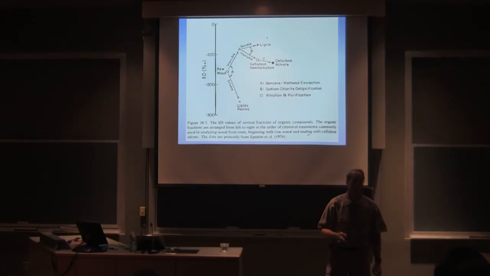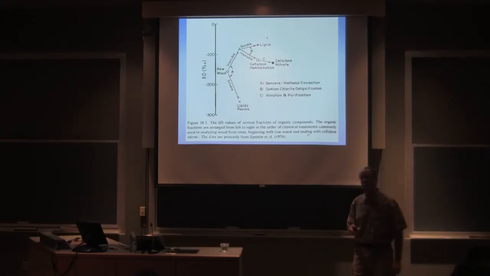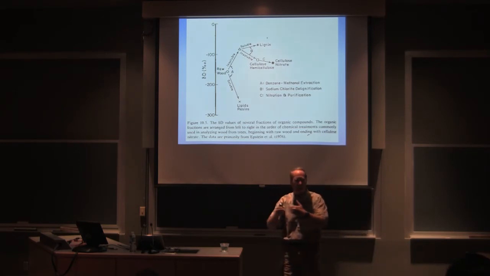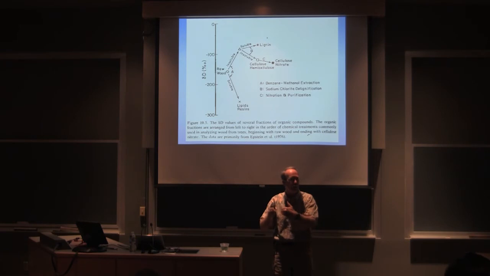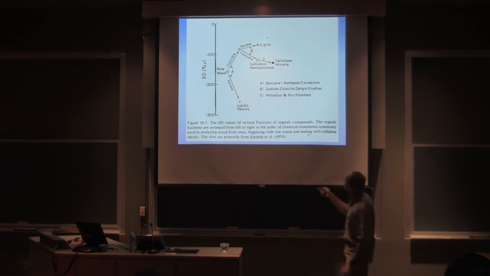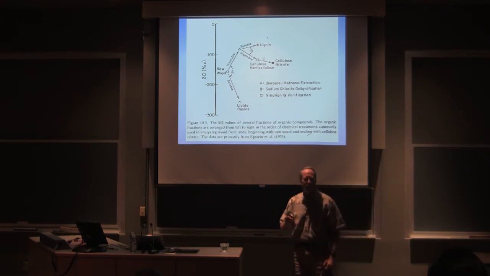They're not all the same isotopically. And the question becomes, if you go from 1 year to the next in the tree ring and you get a change in the deuterium content, is it because of a climate change from 1 year to the next, or because the ratio of these things switched? You following me? So you need to know that. Now that might seem a little bit trivial.